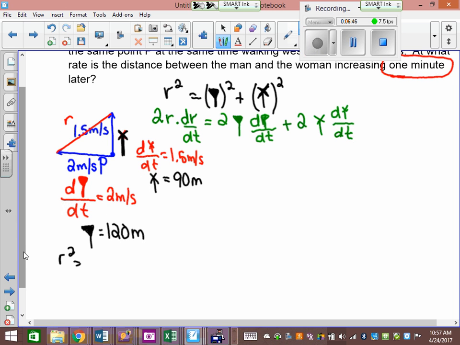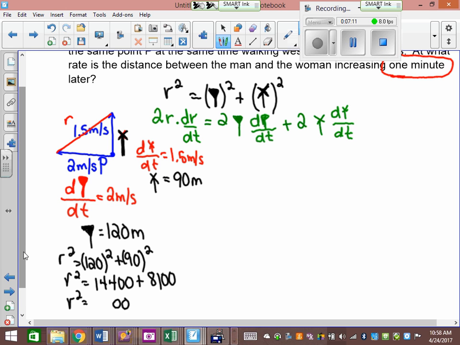R squared equals 120 squared plus 90 squared. So R squared equals... I have no idea what the square root of that is.